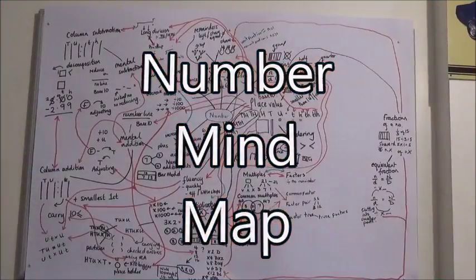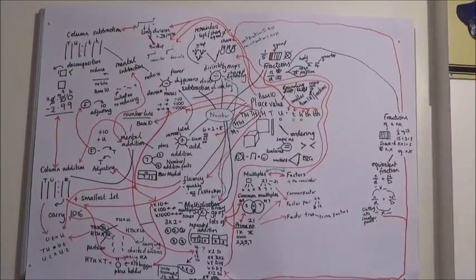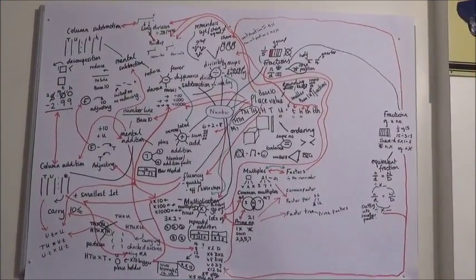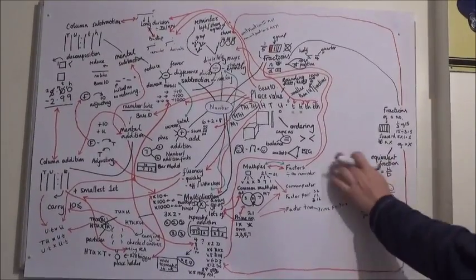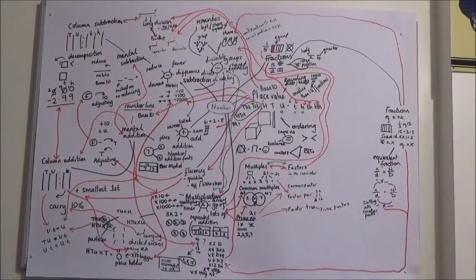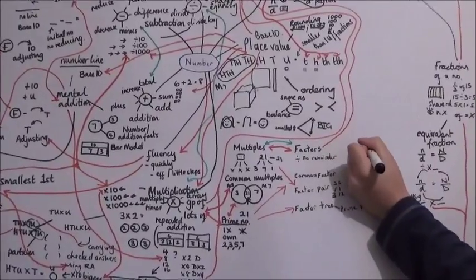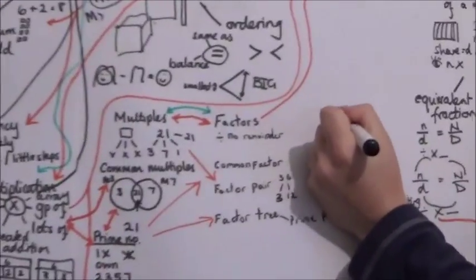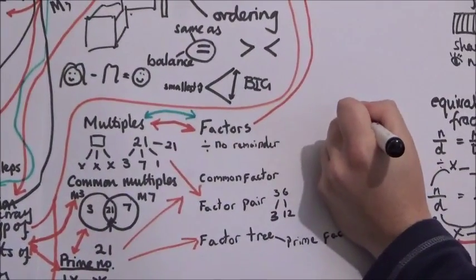Right, to our number mind map, and our getting very complicated number mind map. We're going to be zooming into this section here to look at our simplifying fractions. Alright, simplifying fractions here.